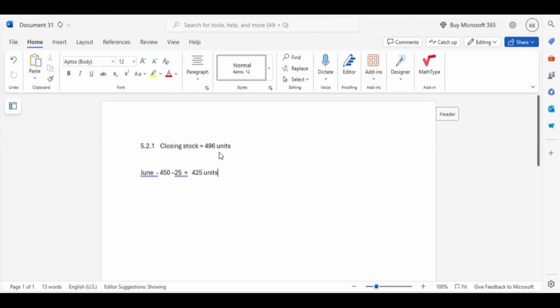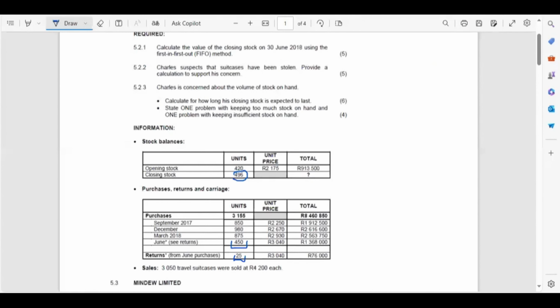But remember, our closing stock consists of 496 units, meaning that if you take 496 subtracted by 425, you would get 71 units. The difference between the two will be inventory from where? From your March 2018. So you're going to take your inventory from June plus 71 from March.